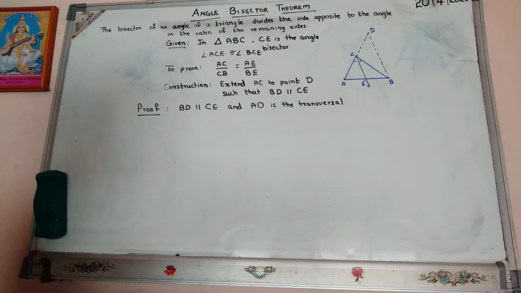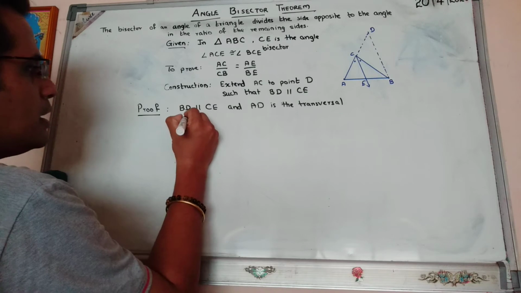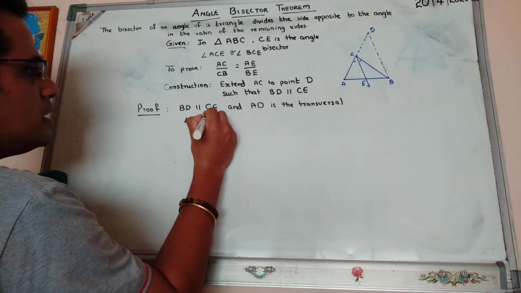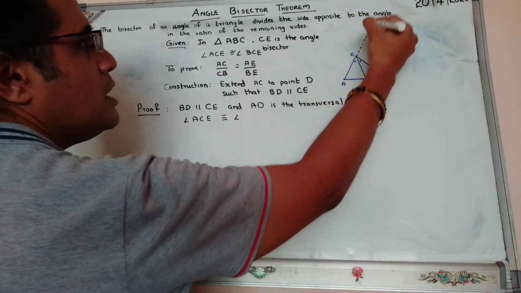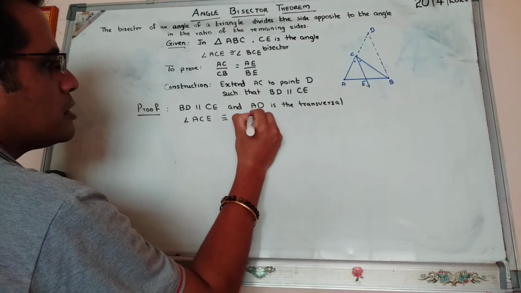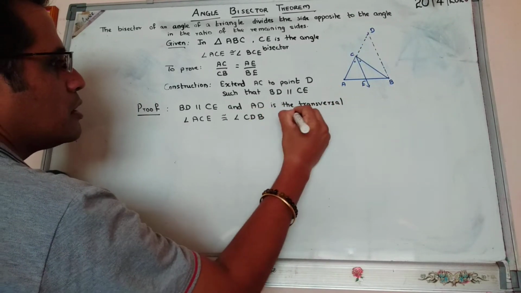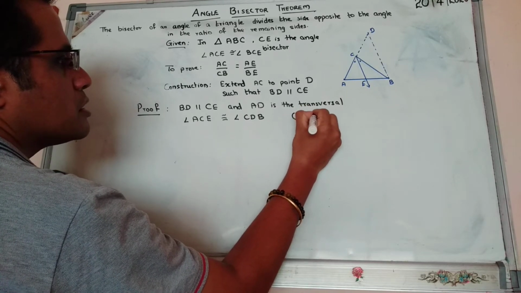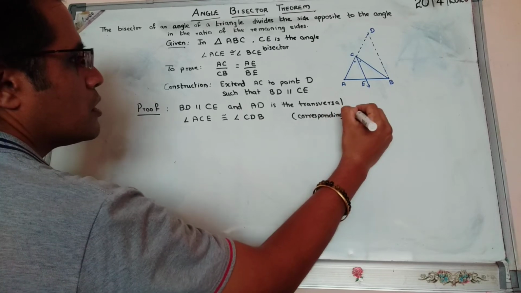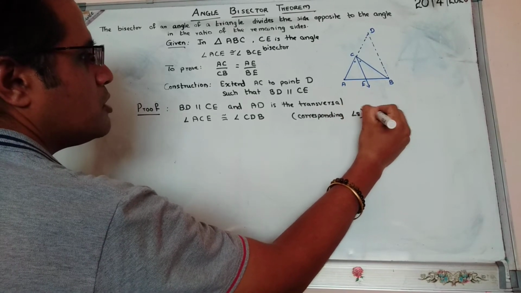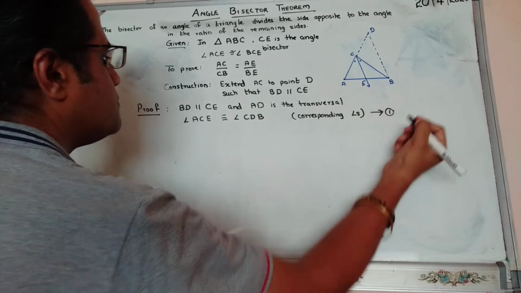So what do we get? By corresponding angles, angle ACE is congruent to angle CDB. Corresponding angles. This will be my equation number 1.